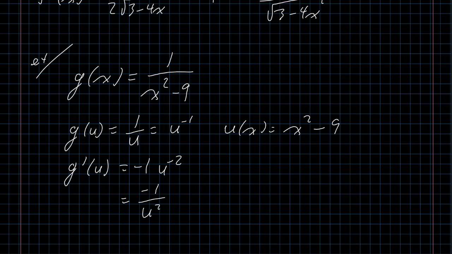Then, coming over to the other one, differentiating u prime of x using the power rule again. The derivative of x squared is 2x. The derivative of 9 is 0.